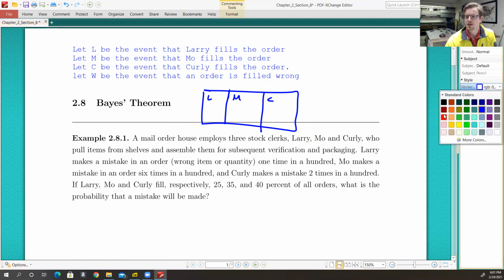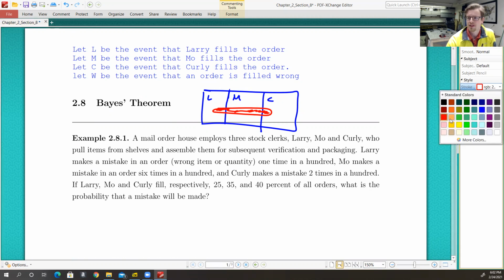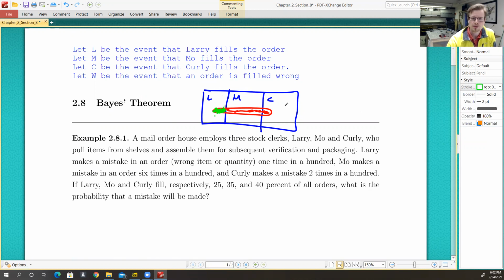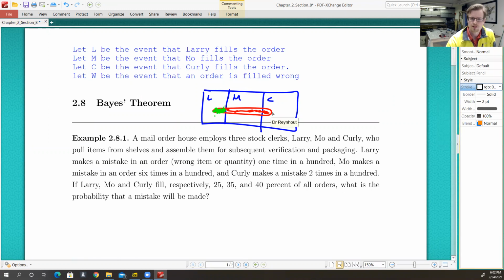Now, if we wanted to say, all right, well, we make mistakes, or they make mistakes, right? So we want to find the probability that a mistake is made. So we're looking to find this area here, but that can be found by considering the area in 3 separate pieces. So we could consider Larry's contribution, and then we could consider Mo's contribution, and then we could consider Curly's contribution.